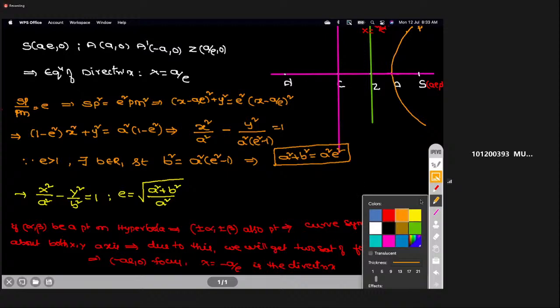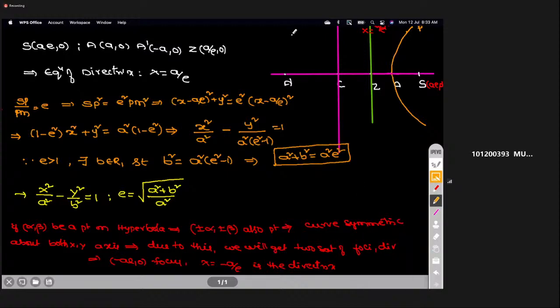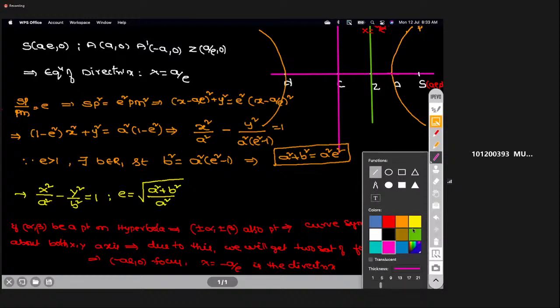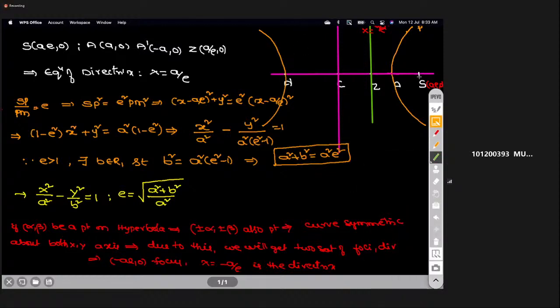So because of that, what you'll get? You will be getting a curve. This curve is with respect to this focus, and the directrix also will come.